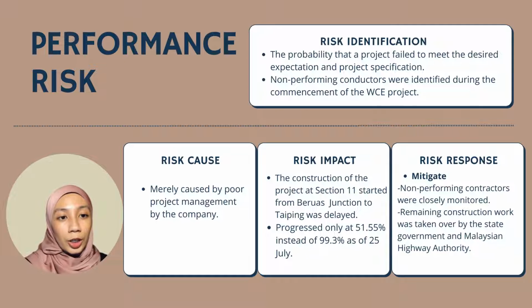Consequently, the construction of the project at Section 11 from Beruas Junction to Taiping was delayed. It was progressing only at 51.55% instead of 99.3% as of 25th July 2021, seemingly far from the expectation.